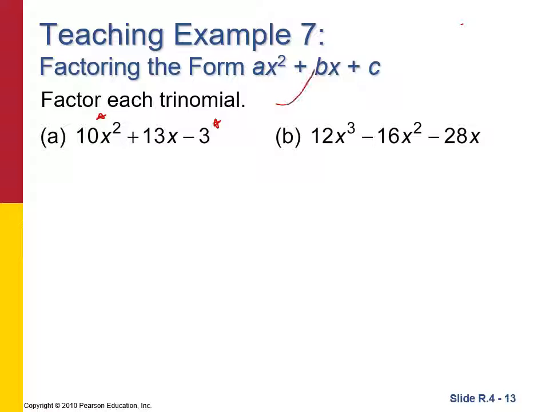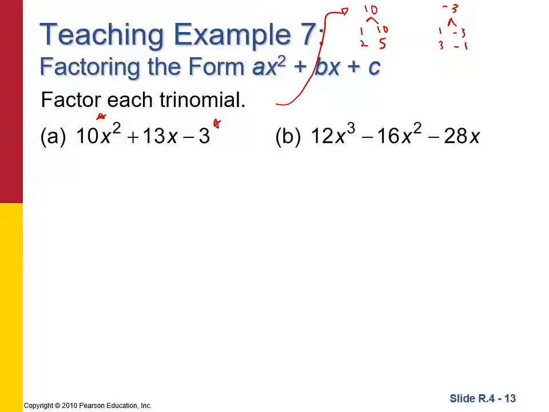So why don't we bring that up here? Some factors of 10 obviously are 1 and 10 and 2 and 5, right? And some factors of negative 3, okay, are 1 and negative 3 and 3 and negative 1, right?